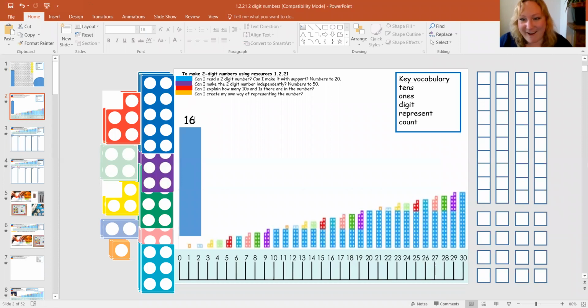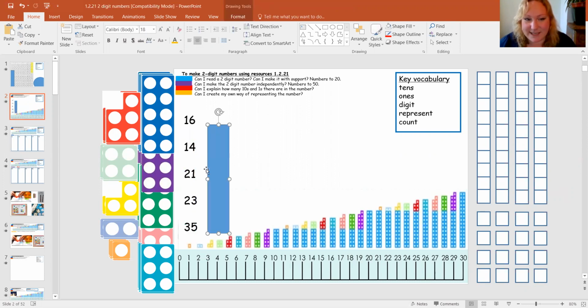Okay, so our learning objective this morning is to make two-digit numbers using resources. Two-digit numbers means a number that has two numbers in it. So, for example, 16 has one digit, two digits. 14 has one digit, two digits. 21 has one digit, two digits. 23 has two digits. 35 has two digits.